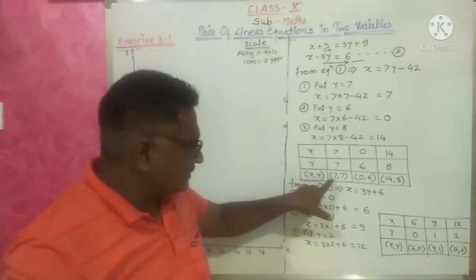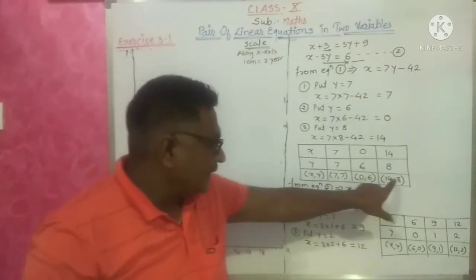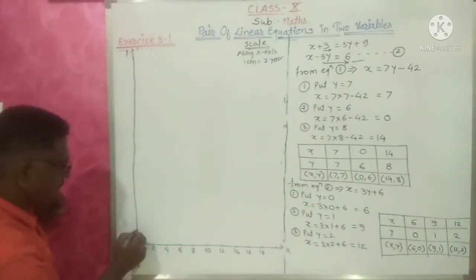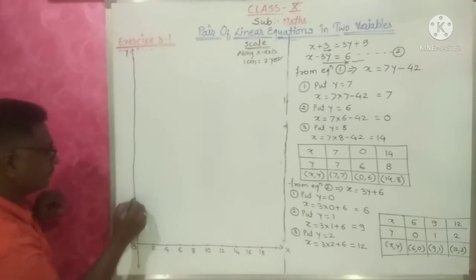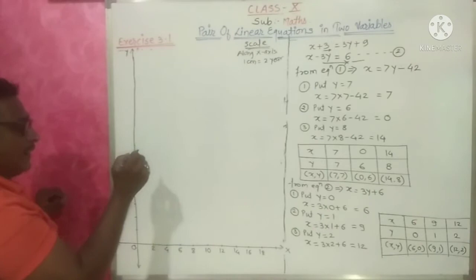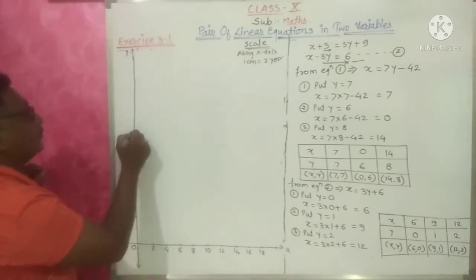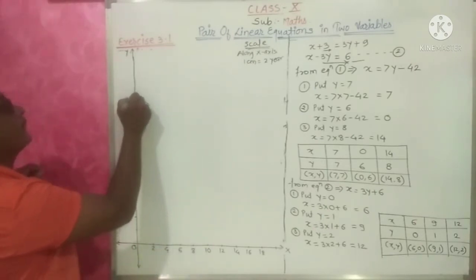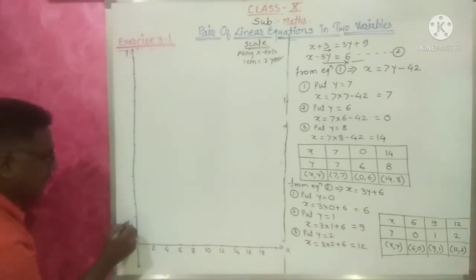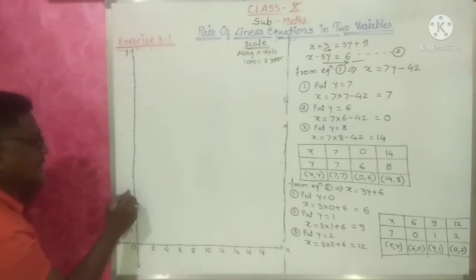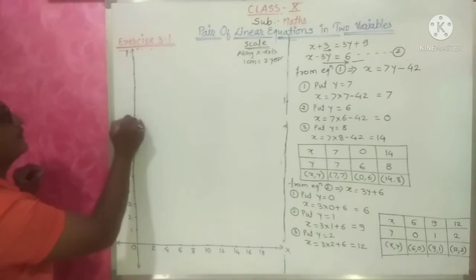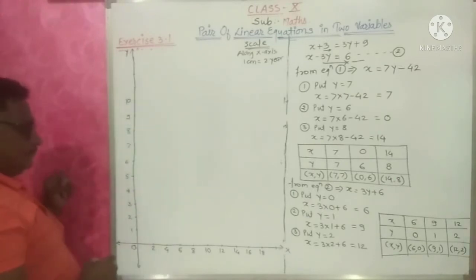Now same way, here y-axis highest is 8. Already on the graph paper you are having the marking. So no need to do. So here I will take 1, 2, 3, 4, 5, 6, 7, 8, 9, 10.